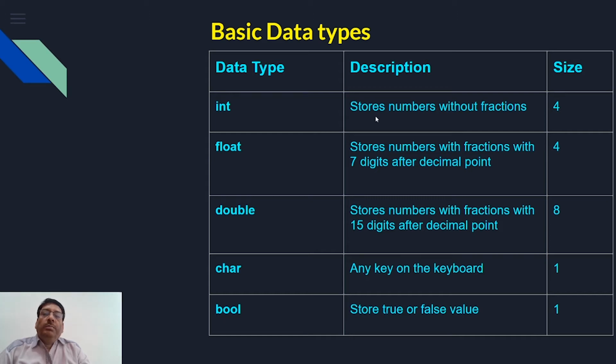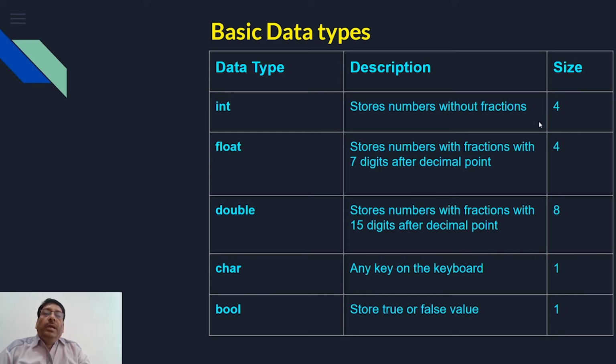It stores numbers without any fractions. Whenever you declare a variable as integer, it is going to occupy 4 bytes of memory in our system. So if my data is of type integer, I consume a memory of 4 bytes.